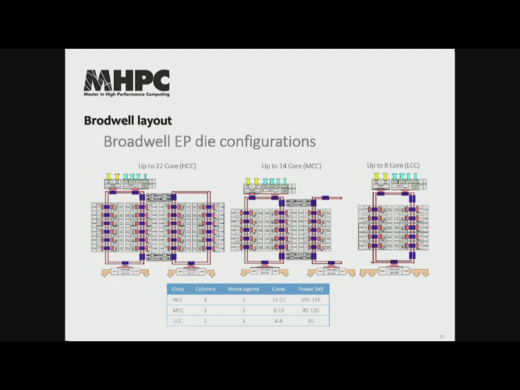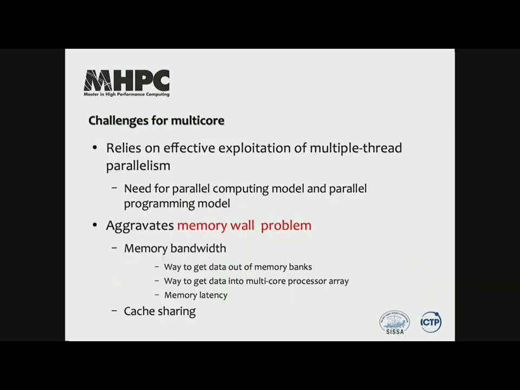but still you can have trouble in performance, because we are now on a new architecture, a non-uniform memory architecture. So accessing memory from this guy or this guy is a completely different path. Okay, and so we have some challenges here, and we need to rely on the exploitation of multiple thread parallelism.